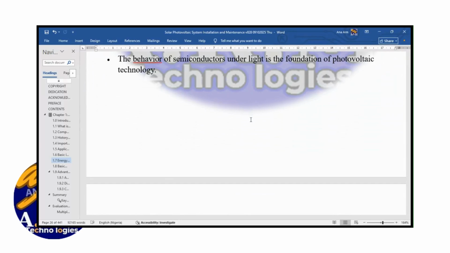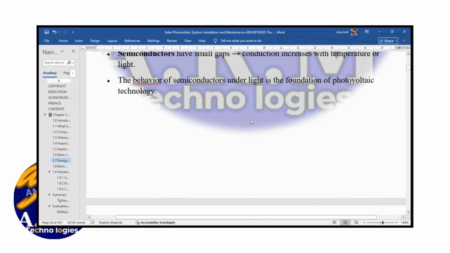As a recap, we believe you can answer the following questions. 1. Why is silicon preferred for photovoltaic cells compared with metals or insulators? 2. Describe what happens to electrons in a semiconductor when it is exposed to sunlight. 3.